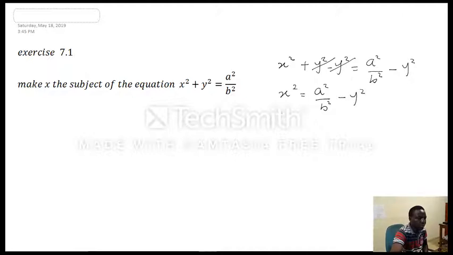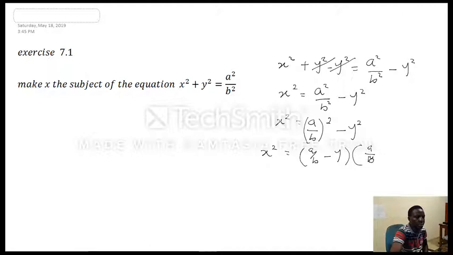This can be simplified to be x squared is equal to a over b all squared minus y squared, and this is a difference of 2 squares, so this can be simplified further to be x squared is equal to bracket a over b minus y, bracket a over b plus y.